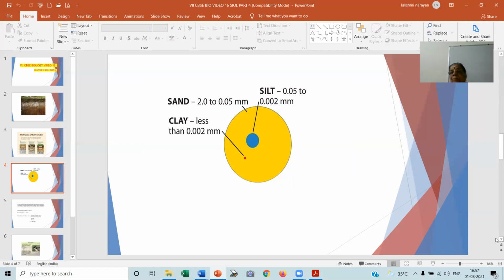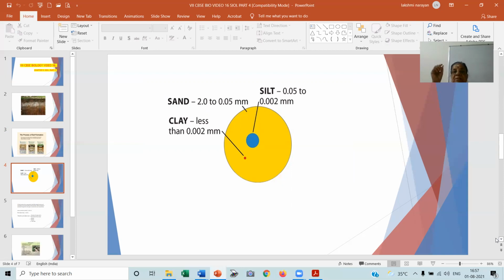0.002 mm. Clay particles are in clumps. They are less than 0.002 mm.